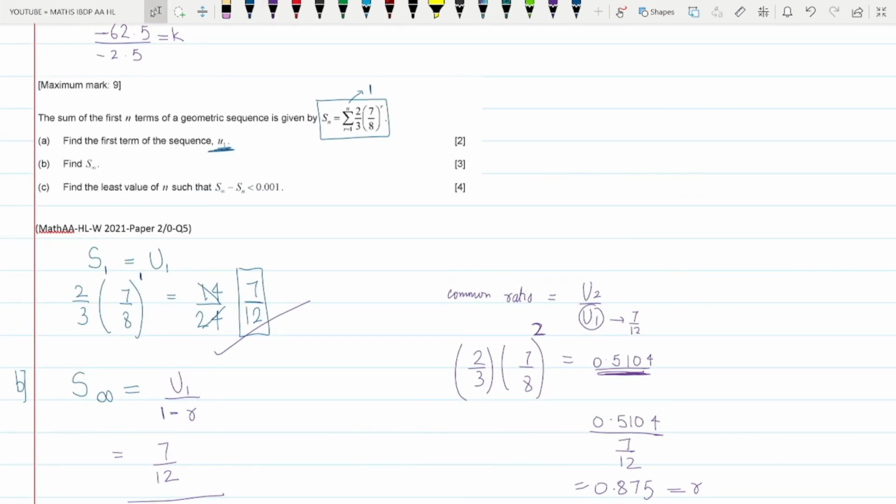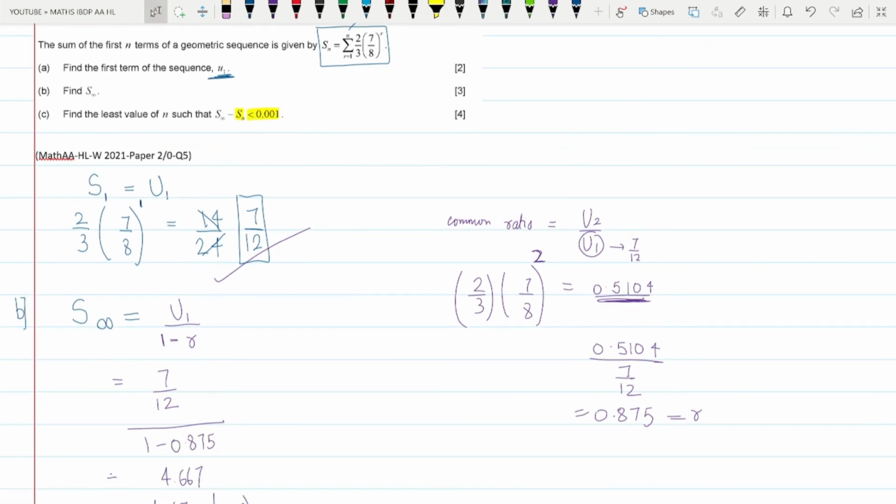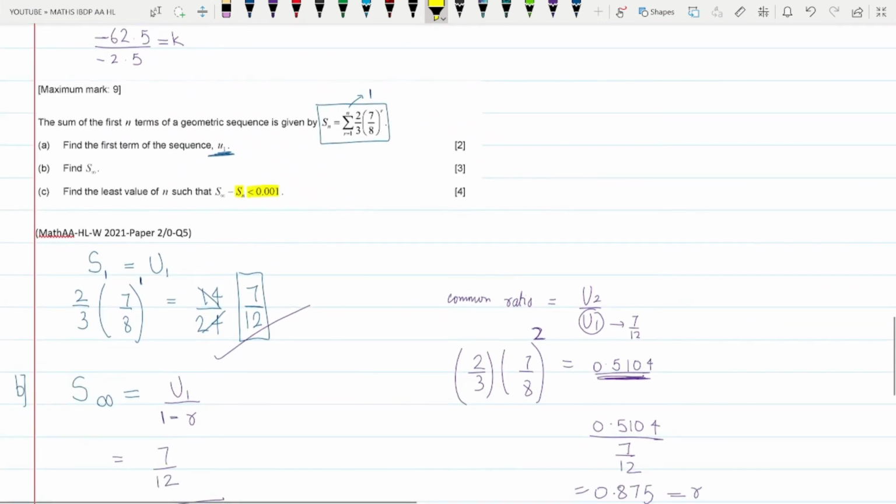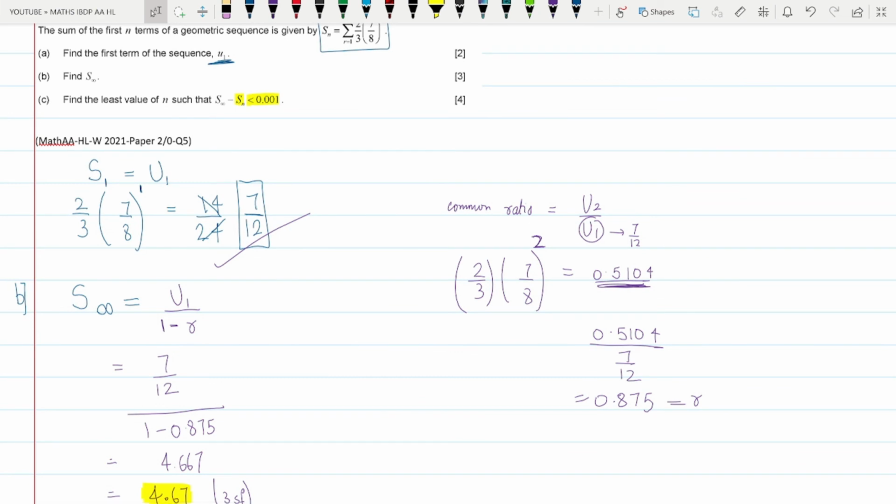Finally, find the least value of n such that S infinity minus Sn is less than 0.001. We know that S infinity is 4.667. So 4.667 minus Sn should be less than 0.001. So what is such a value of n?